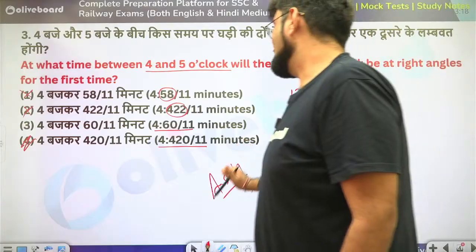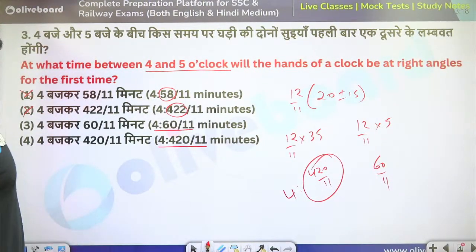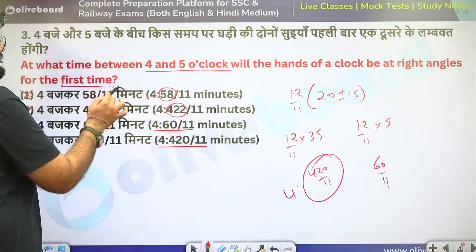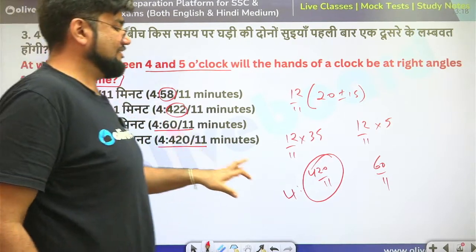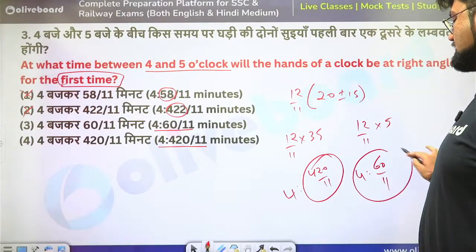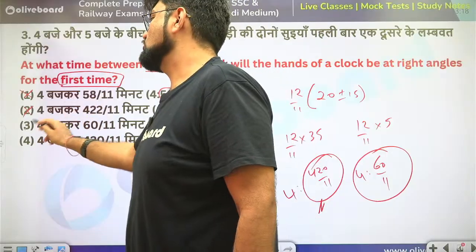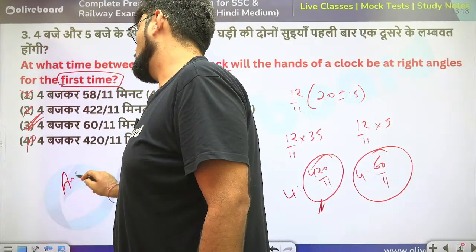Okay. Now for both these cases, I am getting my answers. But the question is asking me for the first time. Now you only tell me, rather than solving it further, I can simply see that this is going to come first and this is going to come next. So when is it going to happen for the first time? It is going to happen at option 3.